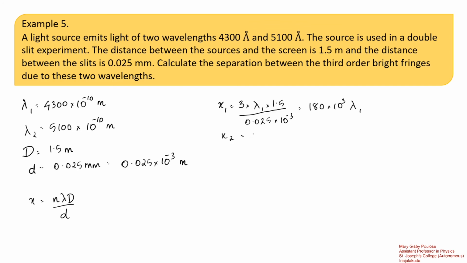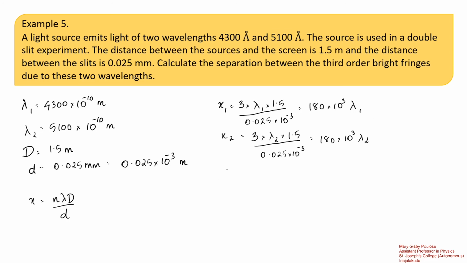Now for that we have x2 is equal to n lambda capital D by small d, that is n is 3, lambda is lambda 2 into capital D 1.5 divided by small d 0.025 into 10 raised to minus 3. Calculating it again, we'll get 180 into 10 raised to 3 lambda 2.